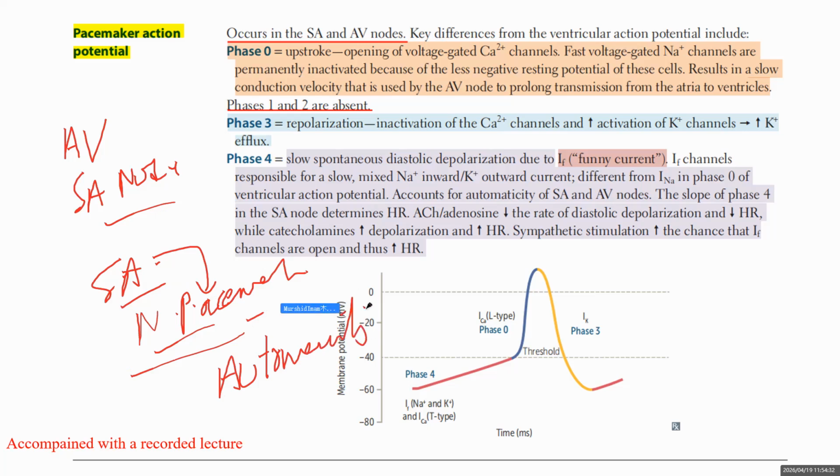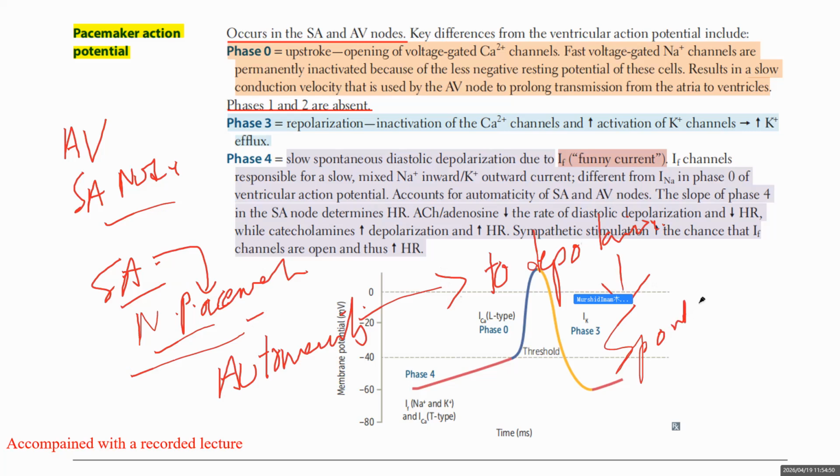And what does automaticity mean? It means they have the ability to depolarize spontaneously, generating rhythmic impulses on their own.